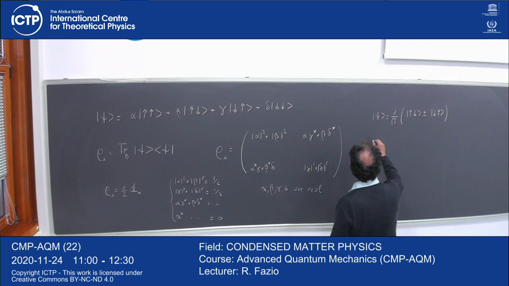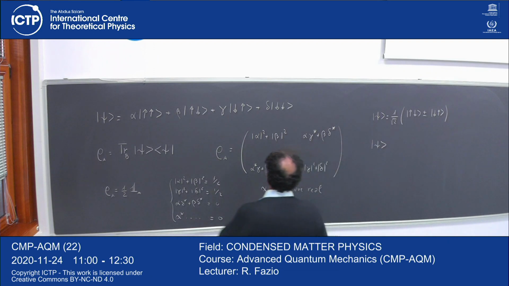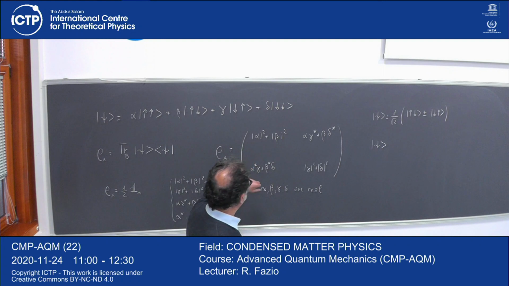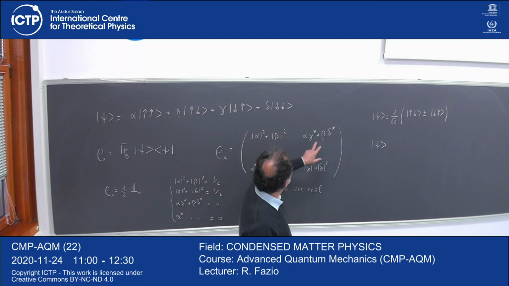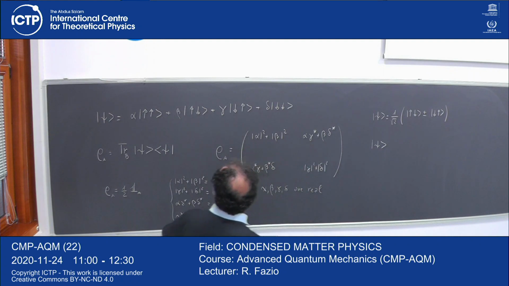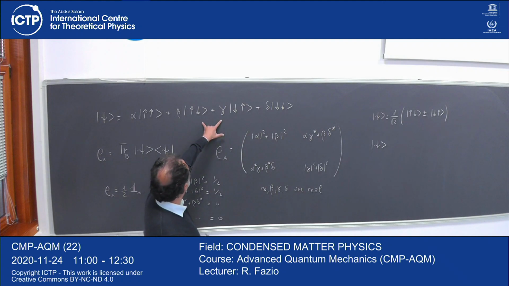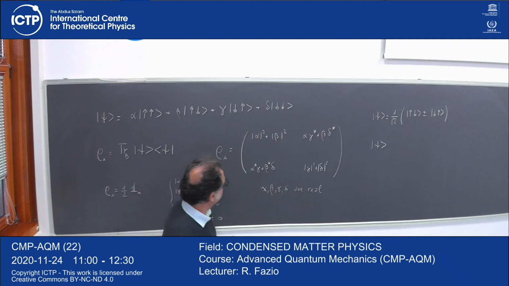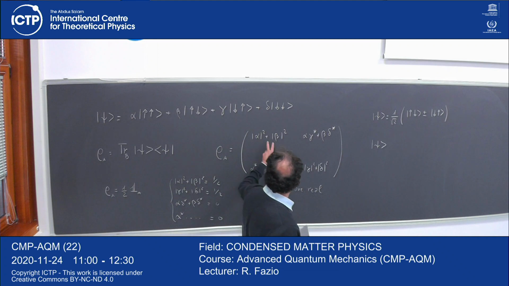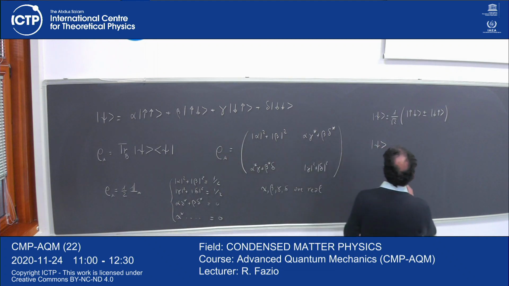Then there are other possibilities in which instead of taking alpha and delta, you take gamma and beta equals 0. So these two are equal 0. Then automatically these are 0 and this you take equal to 1 over square root of 2. And then you get those states.